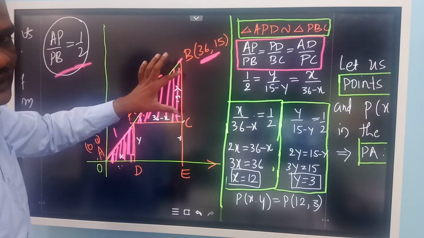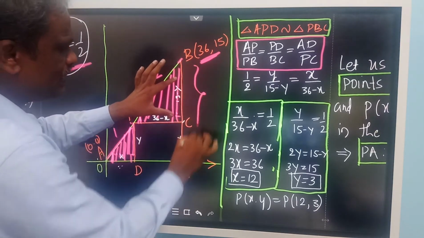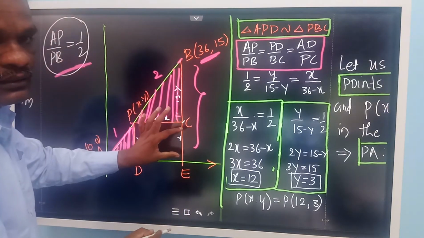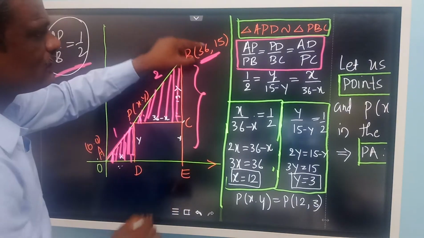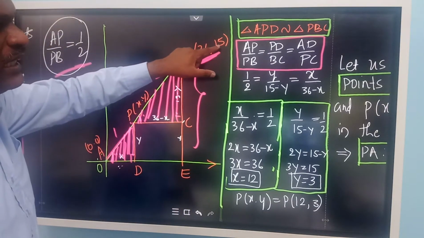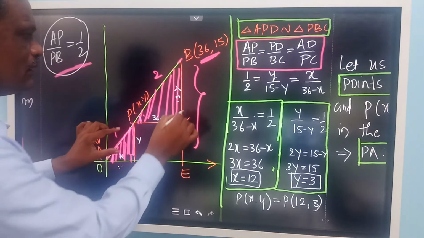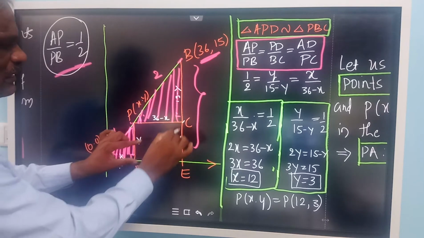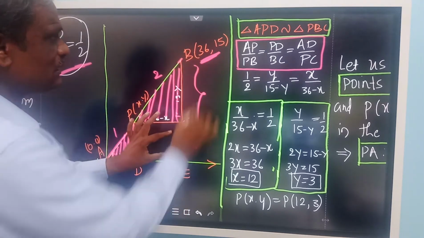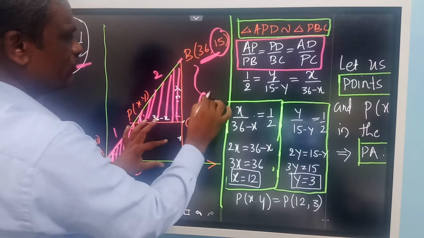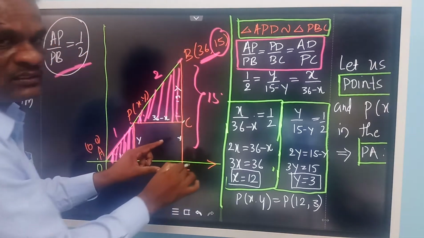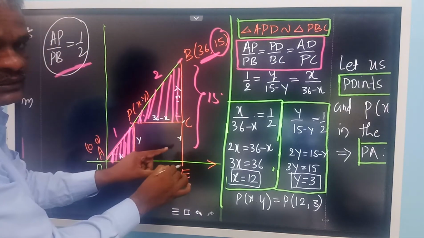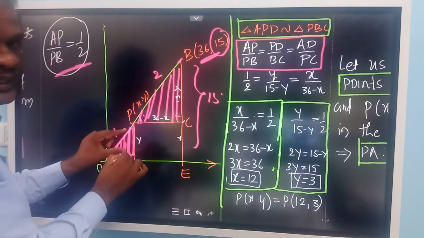This distance can be calculated as the total distance minus this. The total distance is 15, minus this, which is y. Because this is y, this is also y. The total distance is 15, and this length is y.